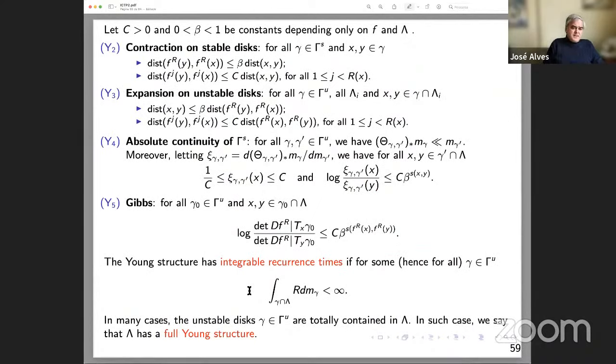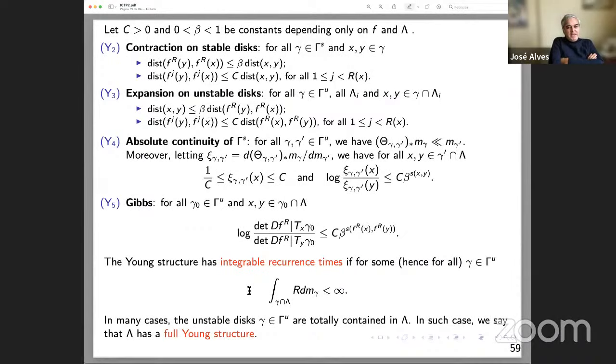The first one is where the big difference to Young's presentation of her structures appears. Actually, Young considered the condition Y2, well, she didn't call it Y, but I call it Y. A condition similar to Y2 is that these stable disks, when iterated forward by the original dynamics, are contracting uniformly in the future.